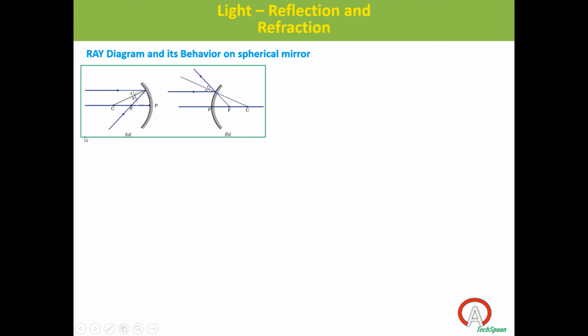If the rays are passing parallel to the principal axis, then after reflection it will pass through the focus of the mirror, right? For convex it will appear that it is reflecting from the focus. Case 1.